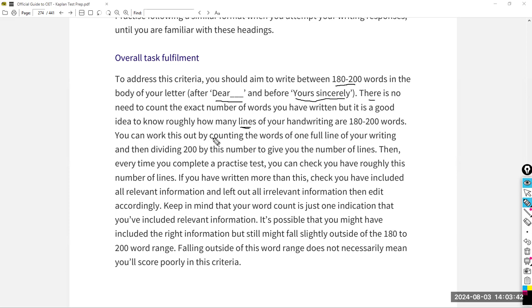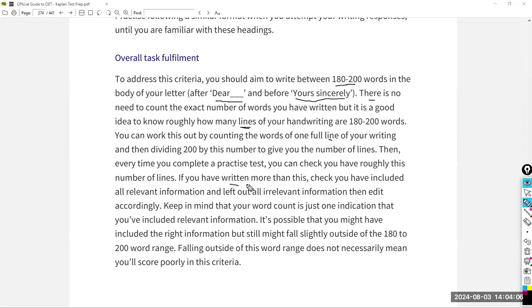You can work this out by counting the words of one full line, as I told you, if you're writing. And then the best way is to consider that this line consists of 10 words. Okay, you can check roughly this number of lines.